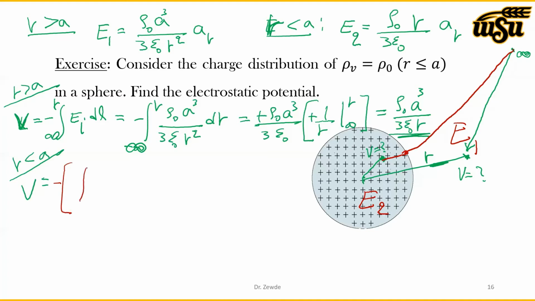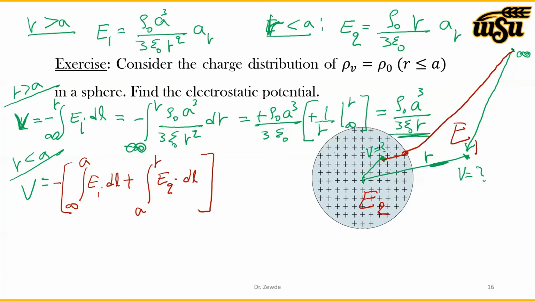So it will be minus the integral from infinity to the surface, which is a, of E1 dot dl, plus the integral from the surface to inside, where we have E2 dot dl.